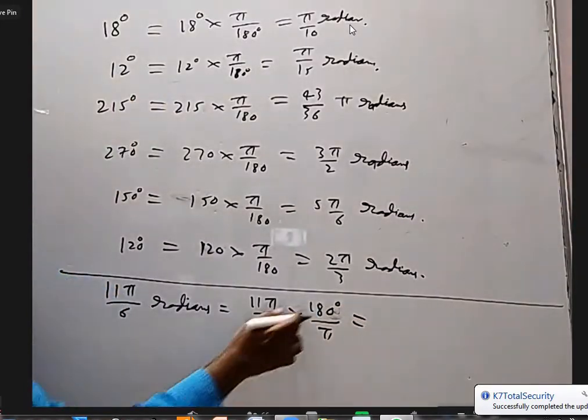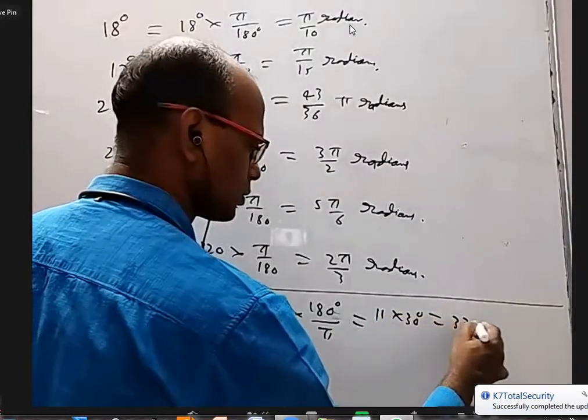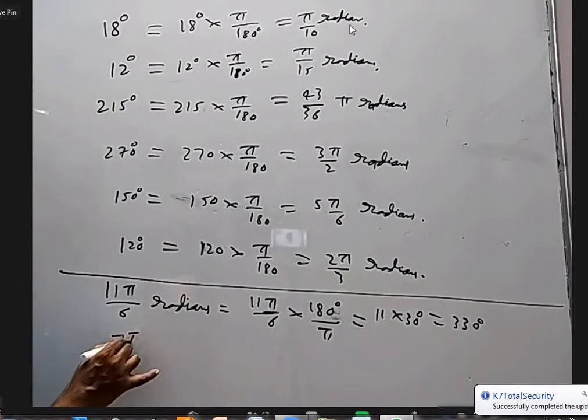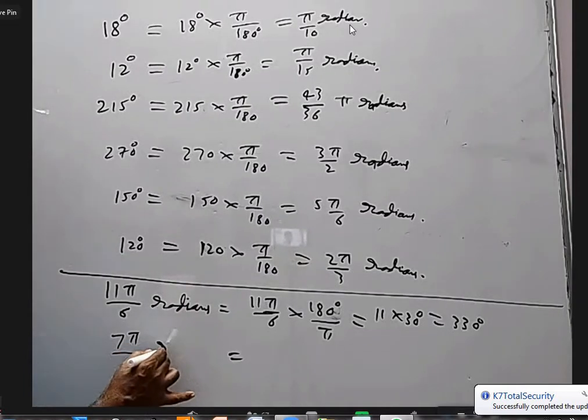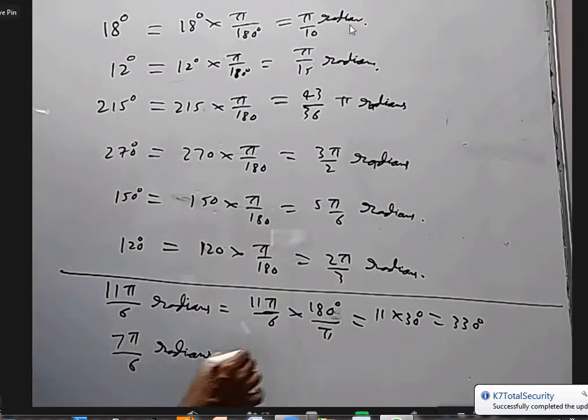Pi and pi will cancel, 6 will get cancelled, 30, 11 into 30 degrees, 330 degrees. Now 7 pi by 6. 210 degrees.